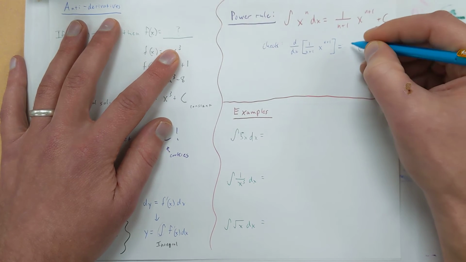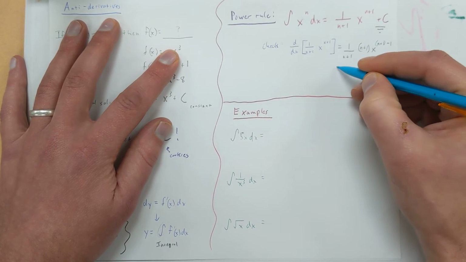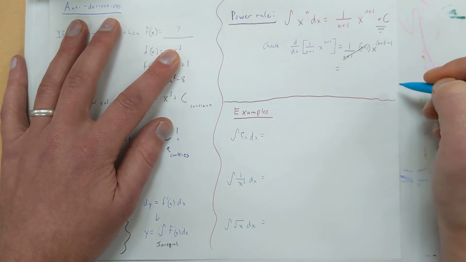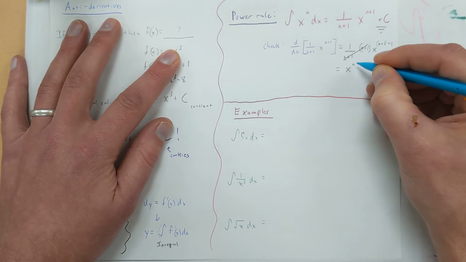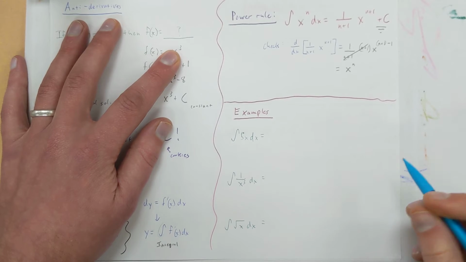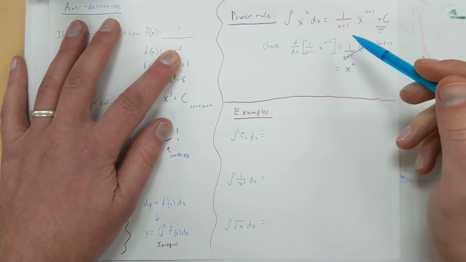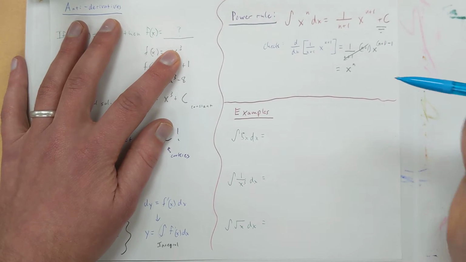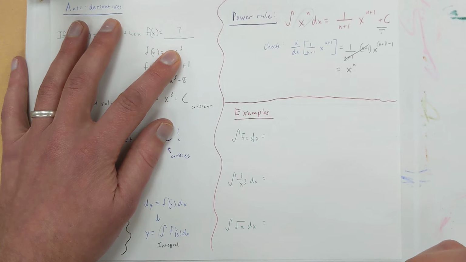Now don't forget, we've got this constant out in front, 1 over n plus 1. Well, guess what? Those cancel out. N plus 1 minus 1 is x to the n. And this is a very good thing to do. After you derive something, check yourself, derive it, and see if you get what the original problem was.